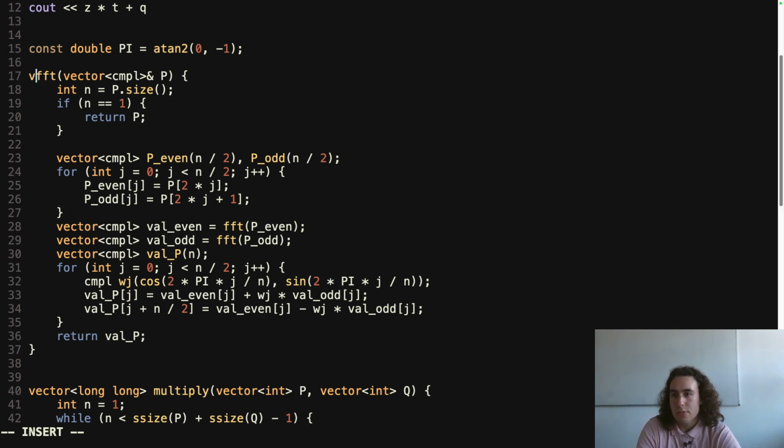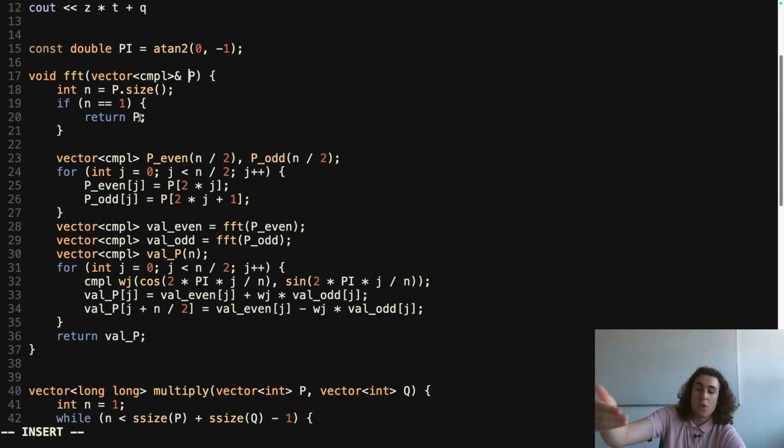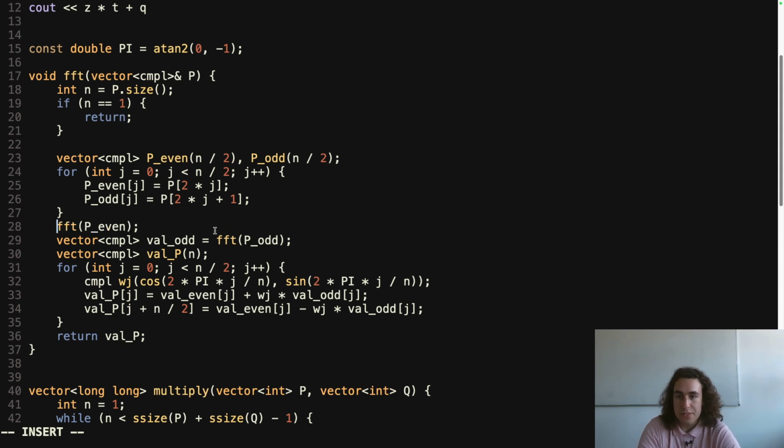And now it's going to be a function that is void, and it's going to replace the coefficients in this vector with the values, right? So we create p even, p odd. Now FFT doesn't return anything, so we replace p even and p odd with the values.